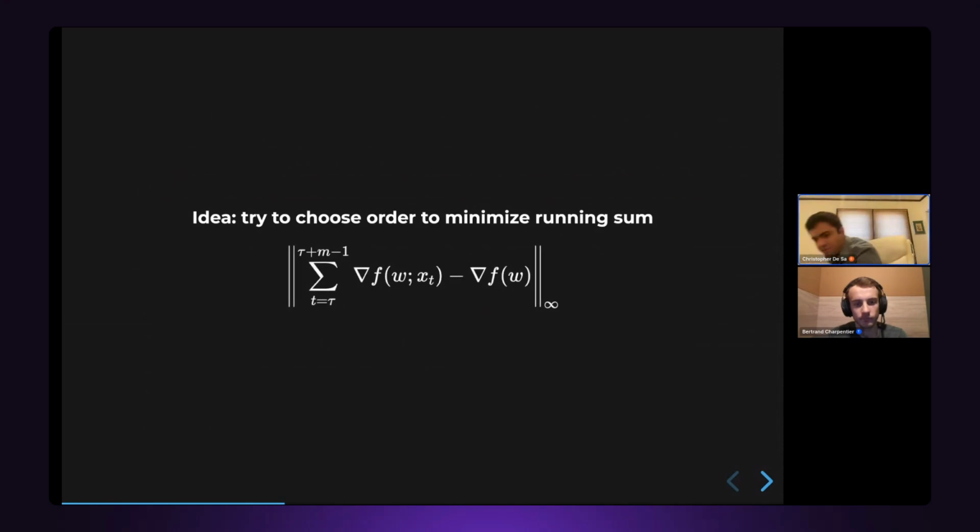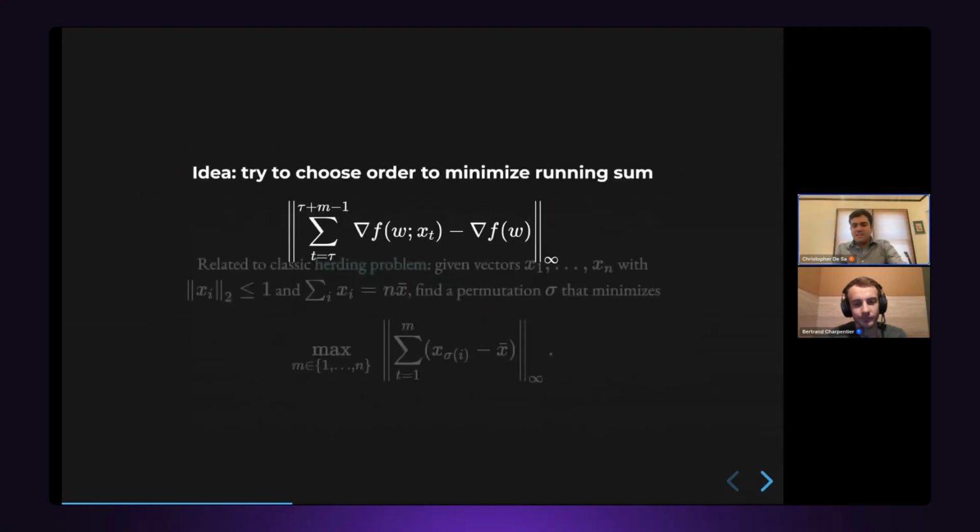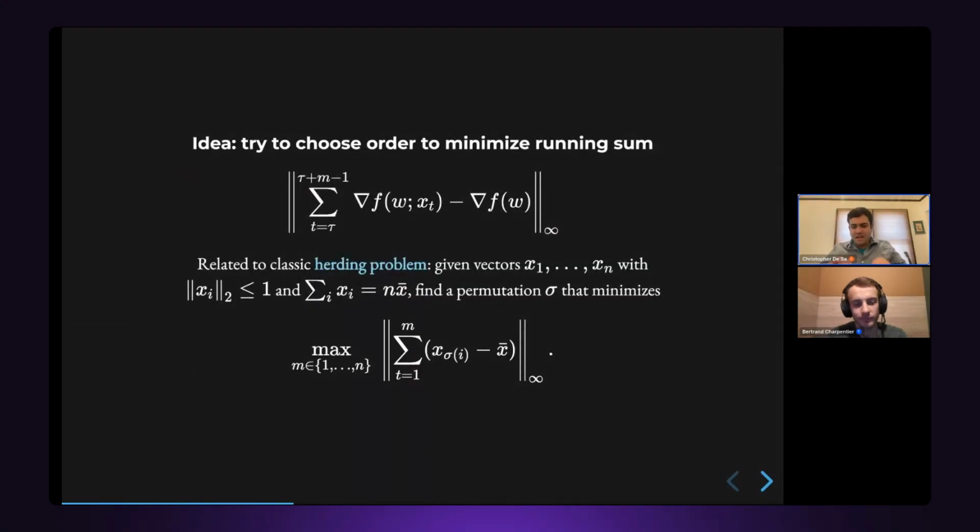And for technical reasons, rather than looking at the L2 norm, we're going to look at the L infinity norm, because if we look at the L infinity norm, this is identical to a classic problem in combinatorial optimization called the herding problem, where if you have some vectors x1 through xn, which all have bounded L2 norm, the problem is to find a permutation that minimizes the running sum of the differences between those vectors and their average.